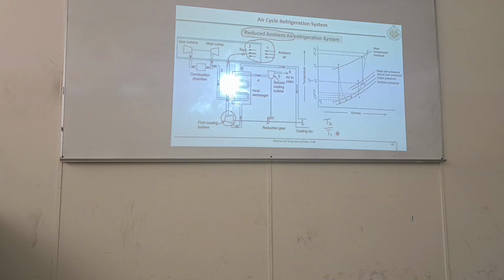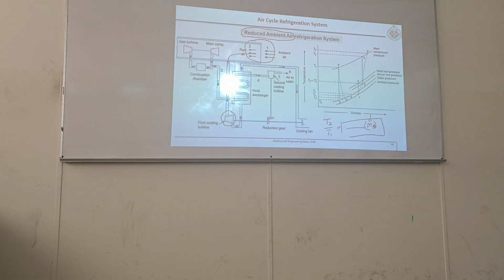T2 by T1 is equal to something in terms of Mach number. In that equation, that Mach number was there. What was Mach number? It represents the velocity of that object with respect to the velocity of sound. Mach number greater than 1 means supersonic velocity.